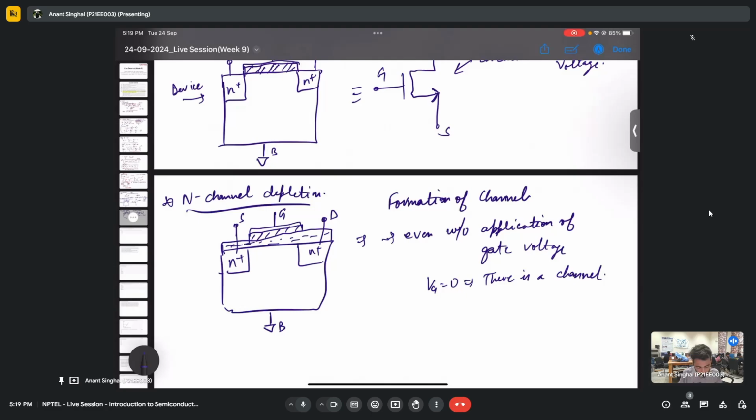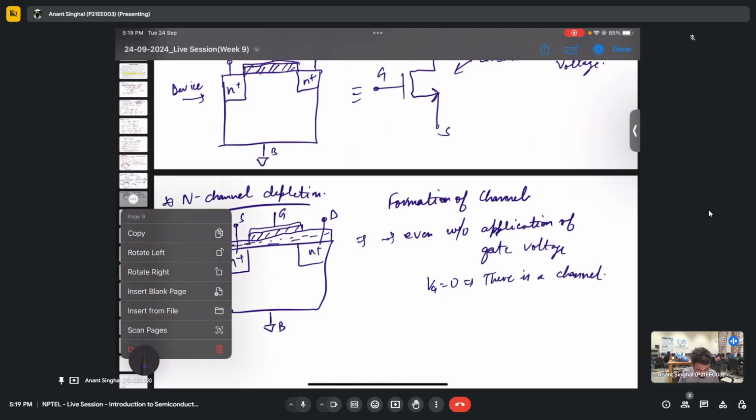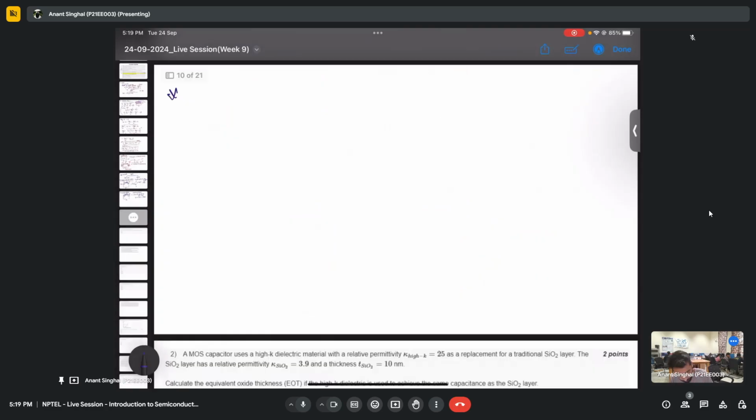Now what we'll be doing, we'll be looking for the current characteristics for the same. So we'll be doing the derivation because we have done everything considering the enhancement MOSFET, that is what the practical MOSFETs are. So we'll be seeing how the current versus voltage characteristics look like for an enhancement MOSFET.